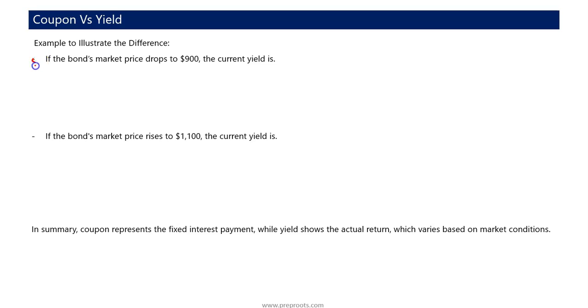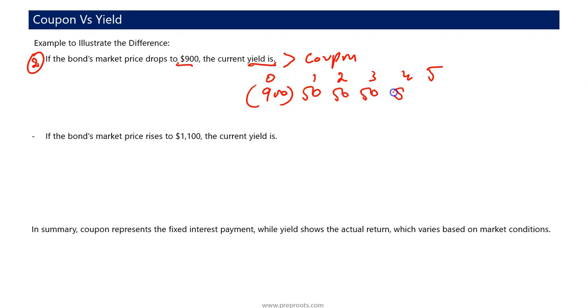So second case is, if the market price dropped to 900, the yield would be higher than coupon. If you are buying the bond at 900, I have explained this earlier, your YTM would be higher than coupon.